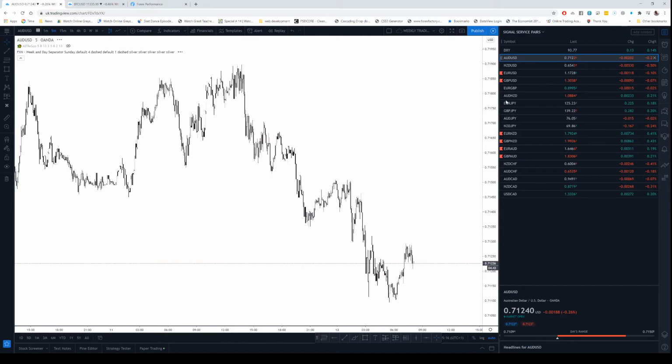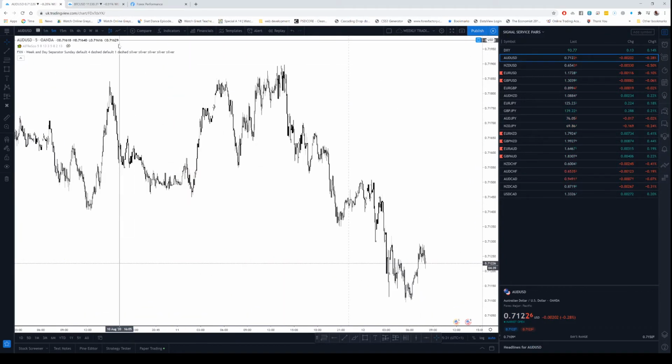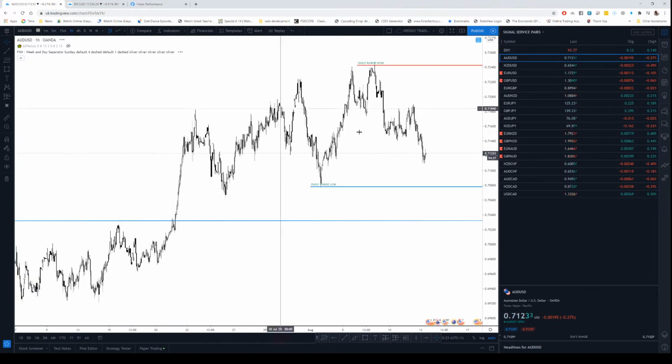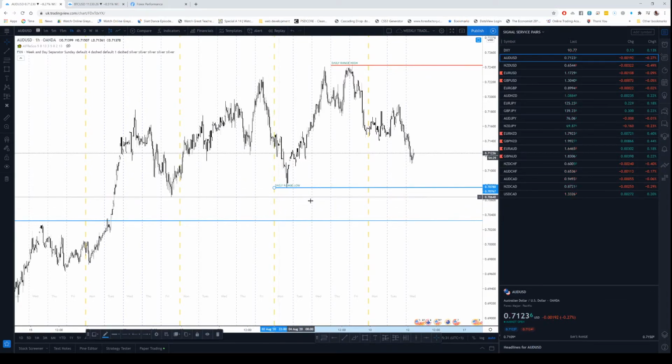On this one, like I said, keep a piece on for a continuation to the downside. My eyes are on this low here, last week's low. Maybe we might not get it this week, but next week we will definitely be looking for this low and that low to be taken.